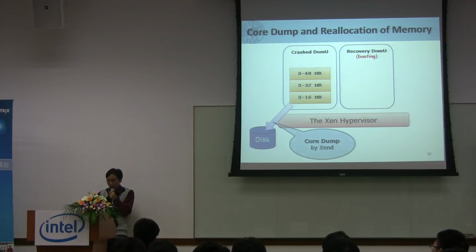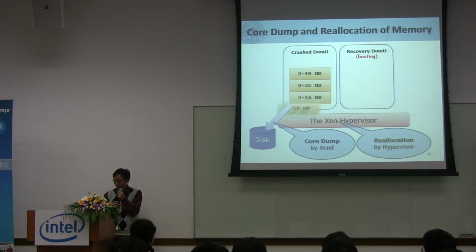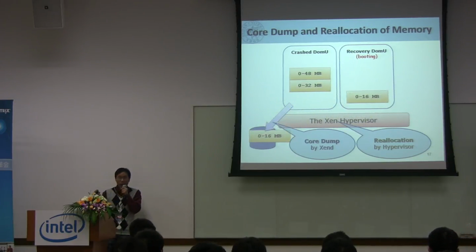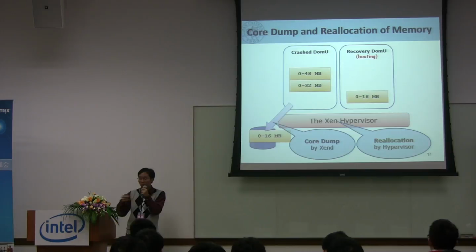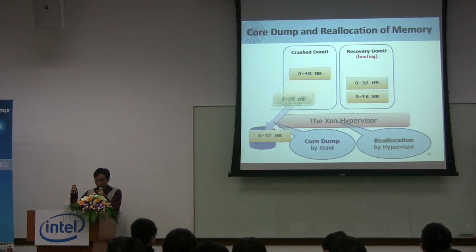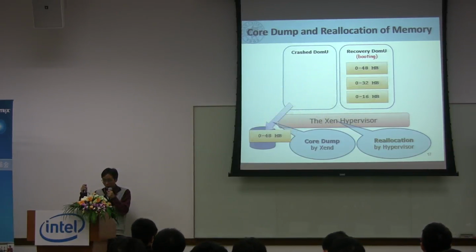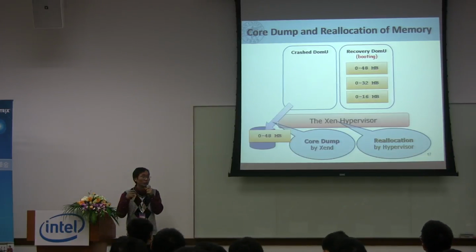When the crash dump is in progress, we first crash dump some part of the memory to disk and then reallocate such memory to the recovery domain, so the recovery domain can be in the booting process, and so on. Eventually the memory owned by the crashed domain will be released to the recovery domain.